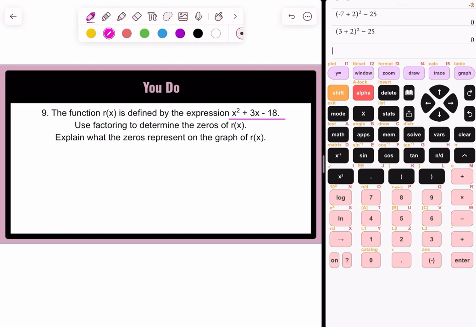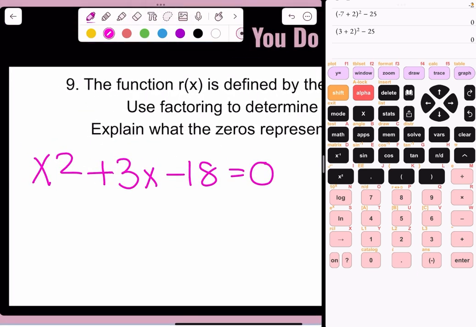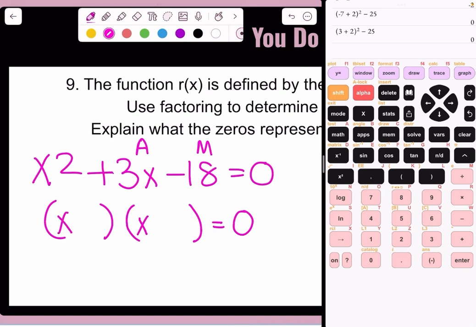Okay, let's do this. X squared plus 3x minus 18 equals 0. There's no GCF here, so we're going to be finding what adds to 3 and what multiplies to negative 18. Hopefully you guys are kind of getting a little fast with these. What multiplies to negative 18 is 1 and 18, 2 and 9, 3 and 6. That sounds good.